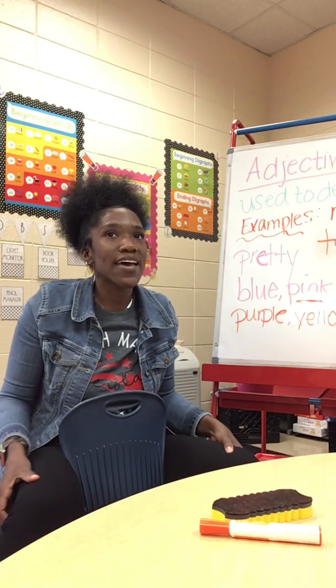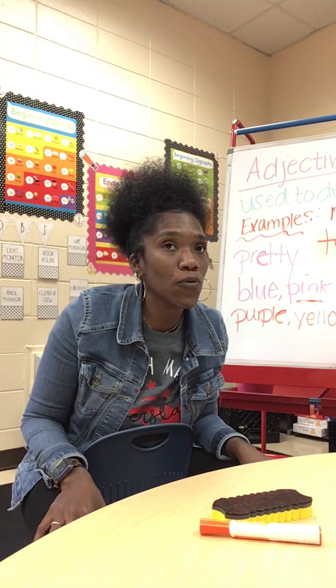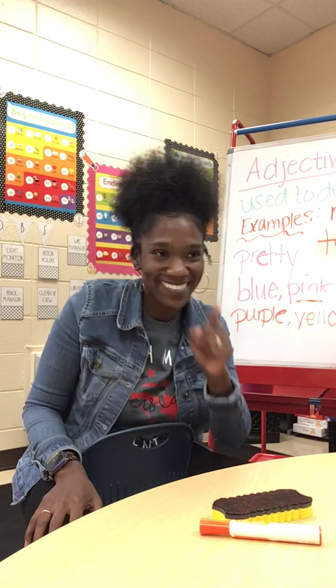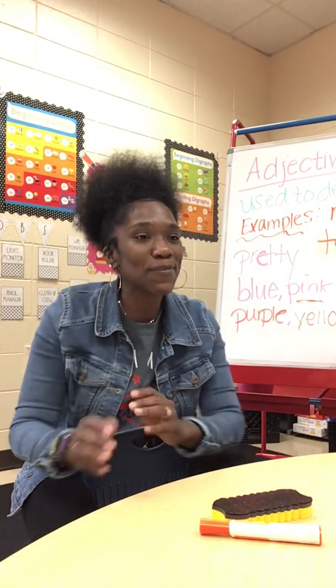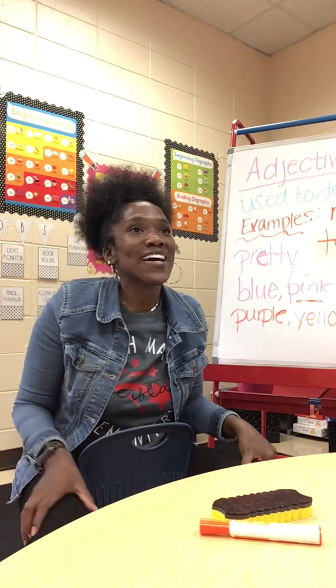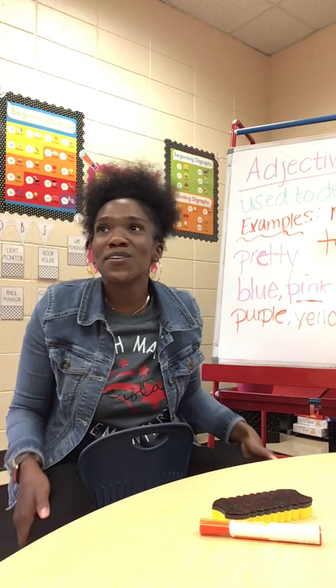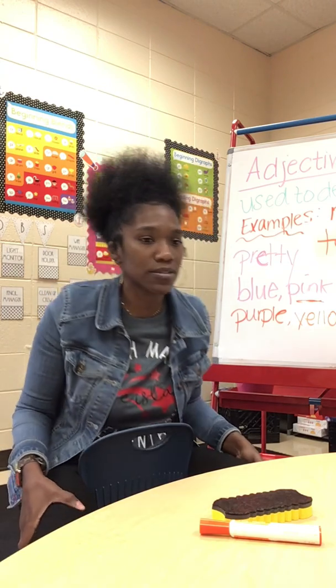What if I said I'm going to pick an apple from the apple tree? Apple. Very good. Apple is the type of tree. I thought I was going to trick you guys up, but you did good. What if I said I am going to swim in the blue water?